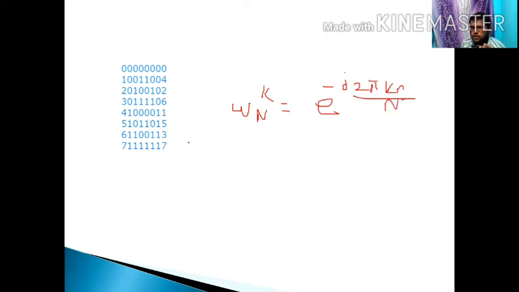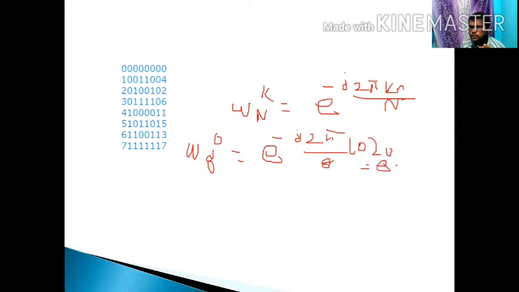Suppose k equals 0, so W8 power 0 is equal to e to the power of minus j 2 pi by N, where N is 8. Instead of kn, you substitute 0. The power is 0, so it is e power 0, and e power 0 value is 1. So W8 power 0 value should be 1. This way we get that point.